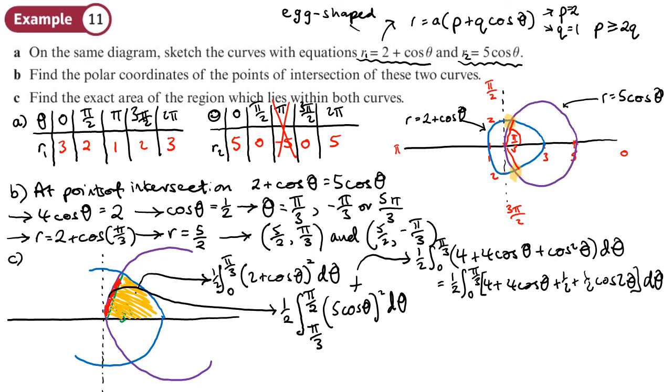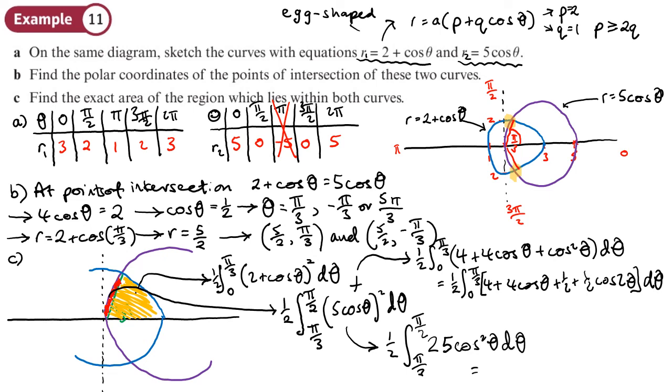And if I do the same with this one down here, between the limits of pi over 3 and pi over 2, that should be easy enough to do, because I'm just going to square it. So I'll have 25 cos squared theta d theta, and I'll do the same thing.